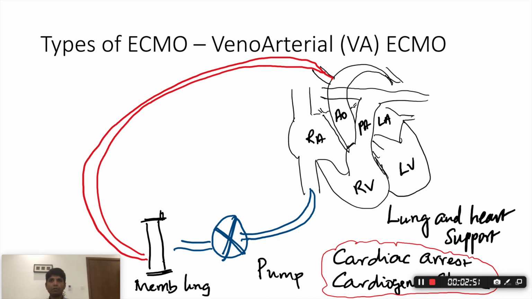This configuration of ECMO can provide or take over the function of both the lungs and the heart. This configuration is used for patients in cardiogenic shock or in cardiac arrest when return of spontaneous circulation cannot be achieved by CPR.